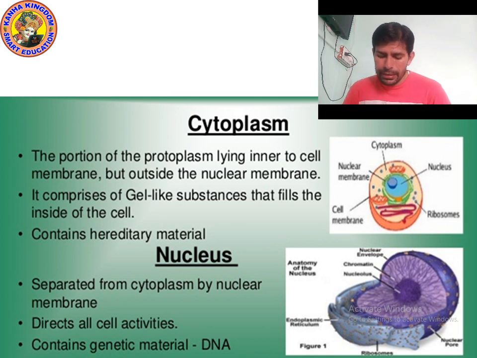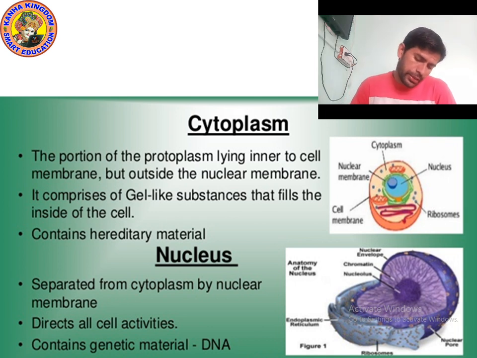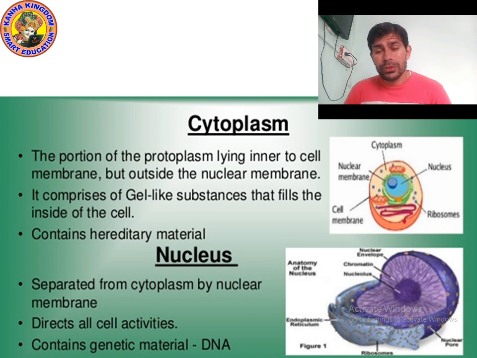Like in the classroom, a teacher gives direction, what you should do and what you should not do. In the same way, for a cell, the nucleus is a teacher for all the organelles. It gives direction, and it contains genetic material, DNA.